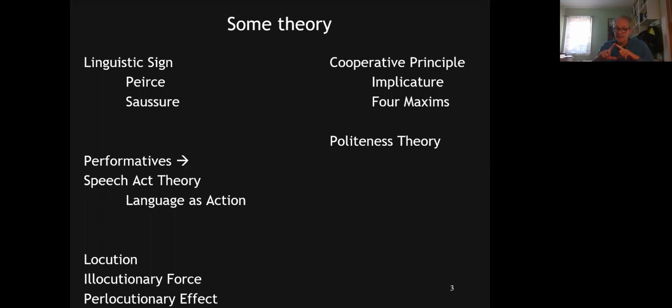So the three-part triangle of a representamen, an object, and an interpretant seems to capture the perspective that there are human agents using language and interpreting language at every step of the way.